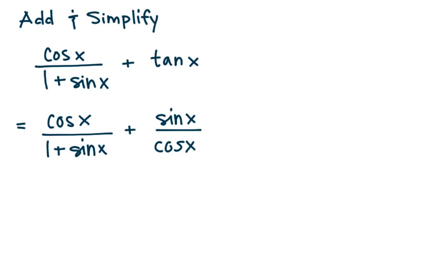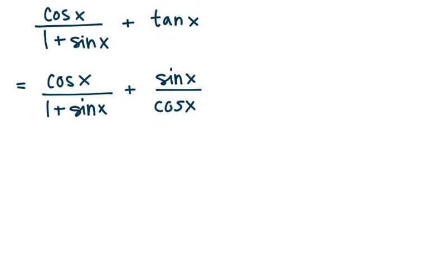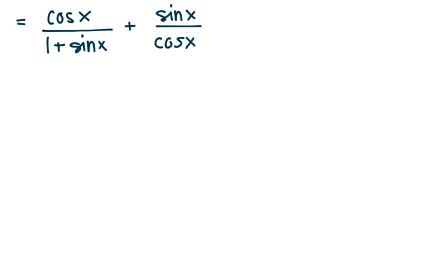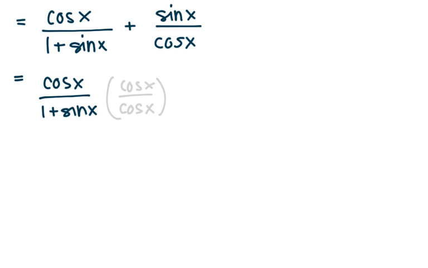So now we have two fractions, and in order to add fractions, we need a common denominator. So I'm going to take cosine x over 1 plus sine x. I'm going to choose to multiply that by cosine x over cosine x, and I'm allowed to do this because the value I've written here in gray is equal to 1.